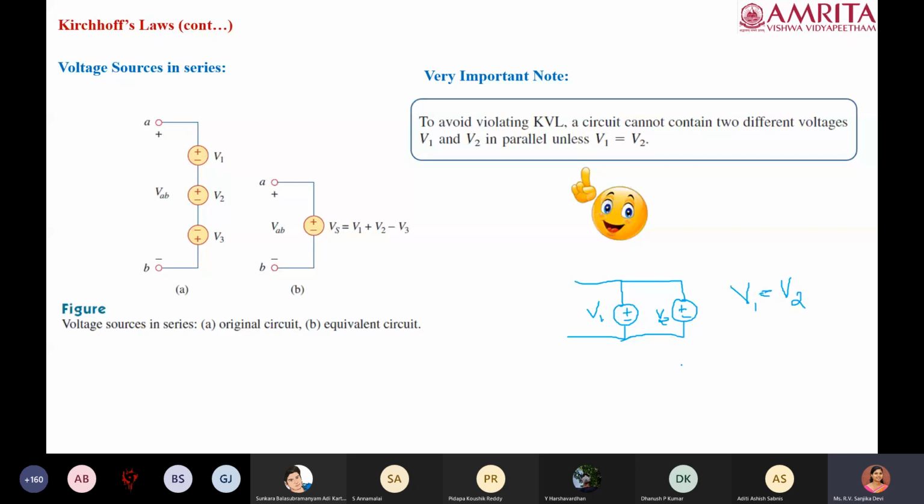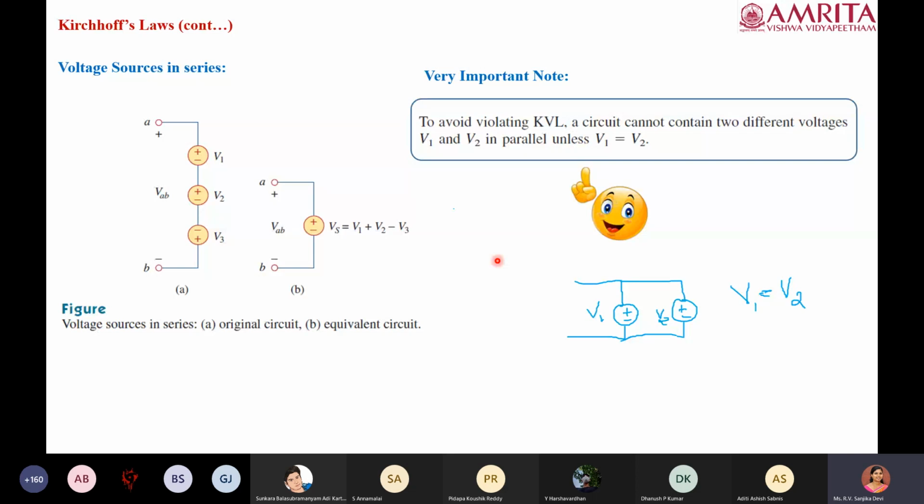Okay. Because we have seen that when elements are in parallel, they will have the same voltage across them. So even if you are connecting two voltage sources, their voltages should be equal. Otherwise, it will violate KVL.